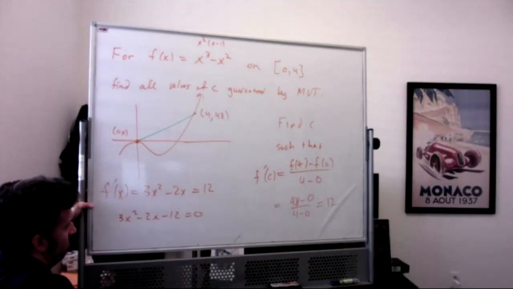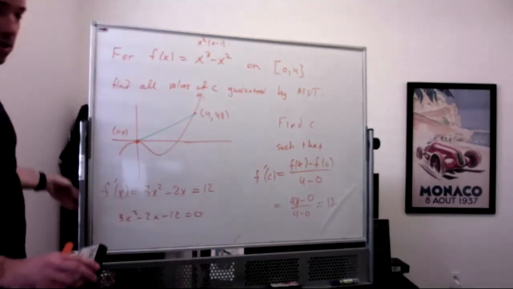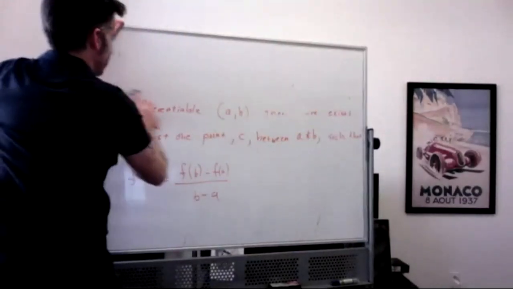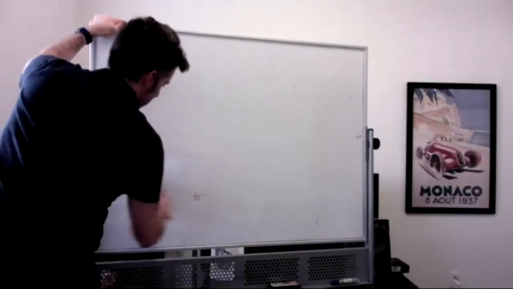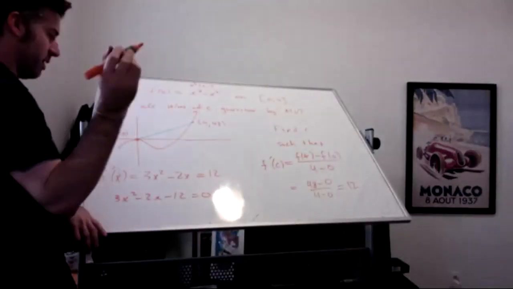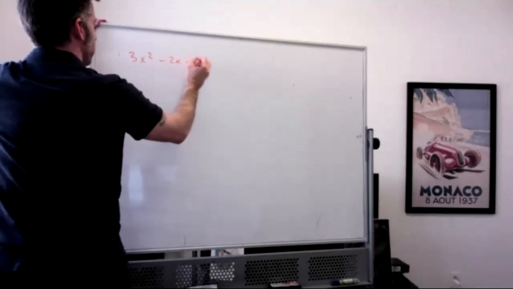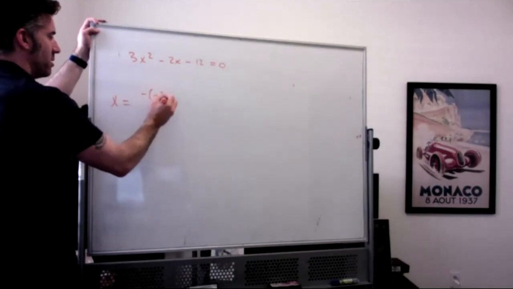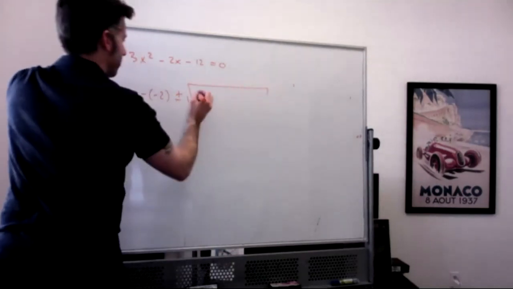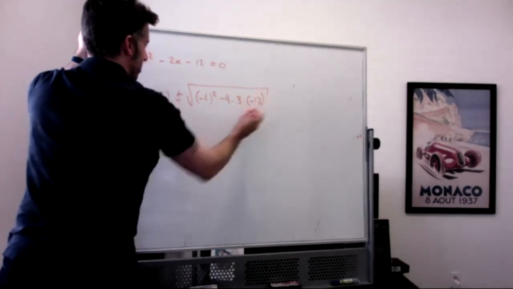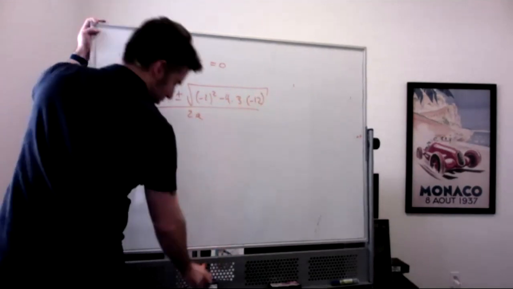I'm hoping it factors, but I'm not going to try that hard. Instead, I'm just going to use the quadratic formula. I'm solving 3x squared minus 2x minus 12 equals 0. My solutions are negative b plus or minus the square root of b squared minus 4ac all over 2a, where a is 3.